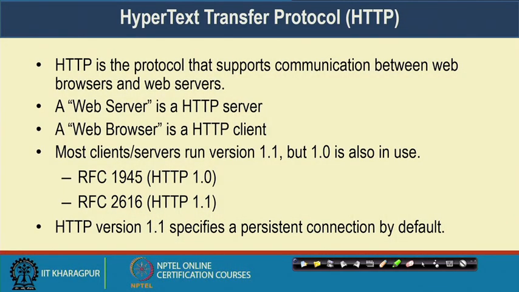One is HTTP 1.0, specified in RFC 1945. Those who are interested can open up the RFC and see how the definition is given. The other is RFC 2616, which is HTTP 1.1. HTTP version 1.1 specifies persistent connectivity by default, otherwise the connections are not persistent.